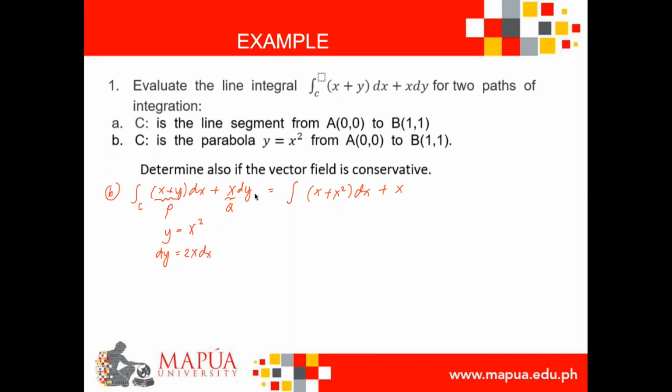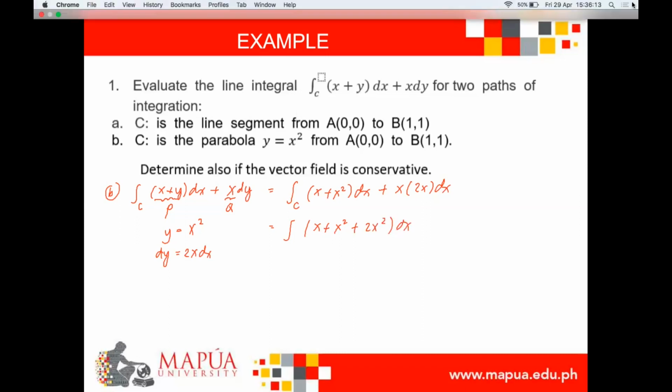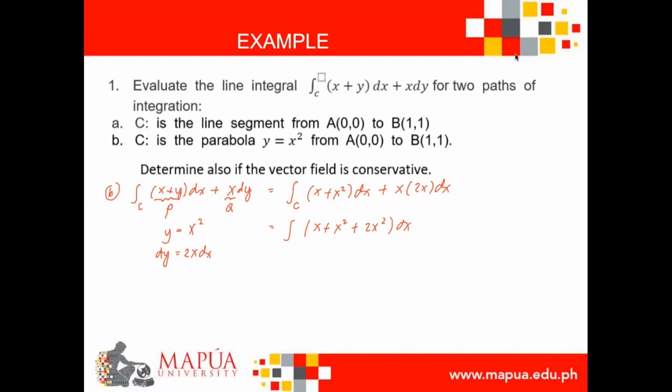So we can now replace dy with the quantity 2x dx along the curve C. Then what we will do is combine the quantity x plus x squared plus 2x squared, then dx. Then the same limits will be used.